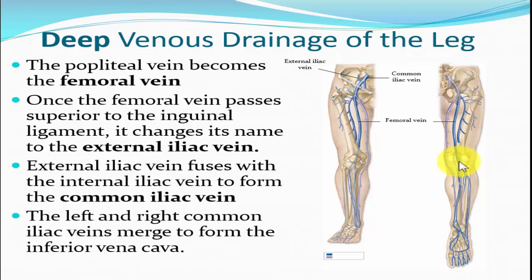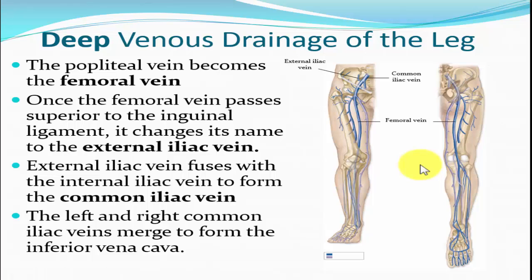Here's some more deep venous drainage of the leg. The popliteal vein becomes the femoral vein, and that's going to go straight up from where my cursor is at the popliteal, following the femur. That's the larger structure there. Remember, the ones on the side of those were the great and small saphenous that we talked about earlier.